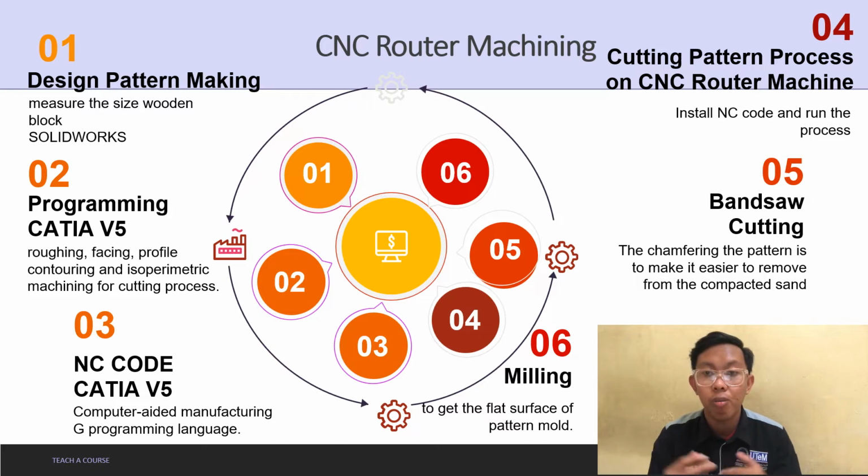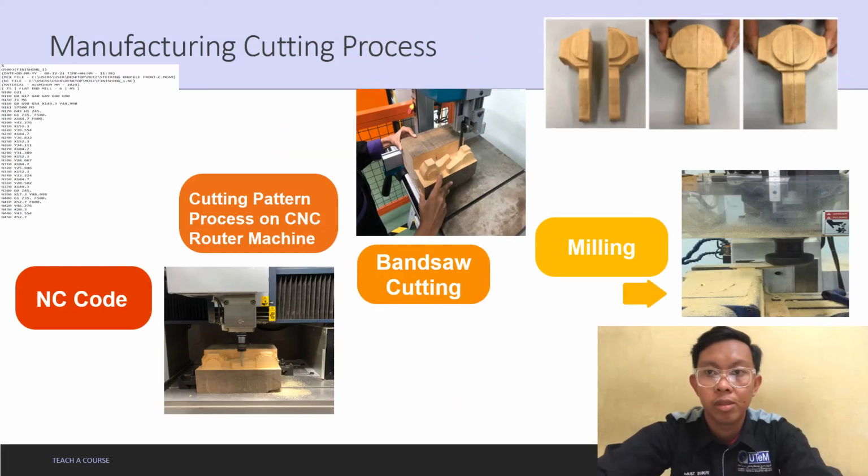After completing the machining process, we generate the NC code, and then the pattern was fabricated using the wooden block.